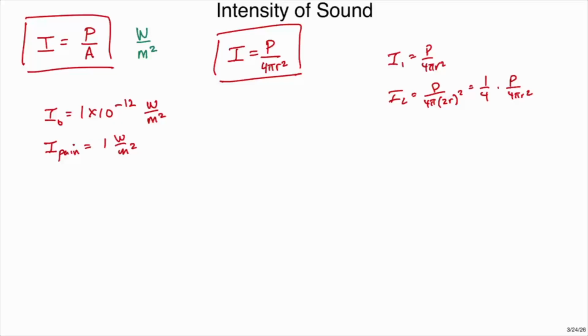So from the threshold of pain to the threshold of hearing is a trillionfold difference. We have the ability to hear a very large range of intensities, and dealing with big or small powers of 10 becomes really cumbersome.